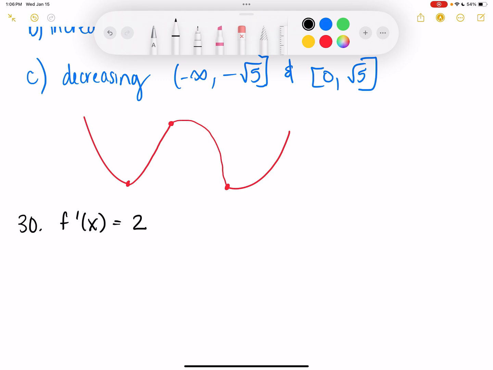So basically, the derivative of what gives you 2? 2x. Yes. Now, it says all possible. So f of x equals 2x, but it wants all possible. What happens when I take the derivative of a constant? It goes to 0.